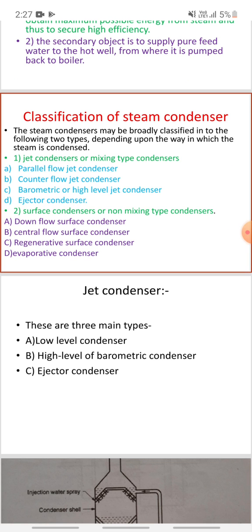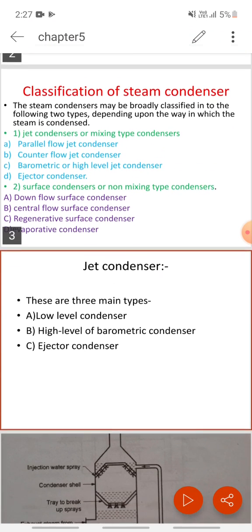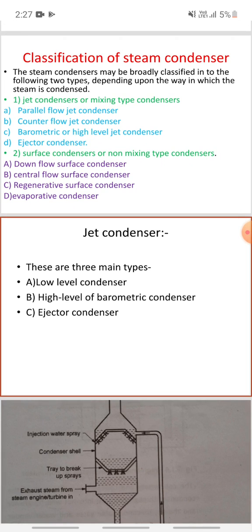Then our next topic is classification of condensers. The condensers are broadly classified into two major groups according to the manner in which the cooling water cools and condenses the exhaust steam. There are two types of condensers.